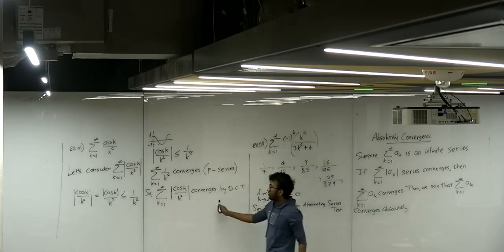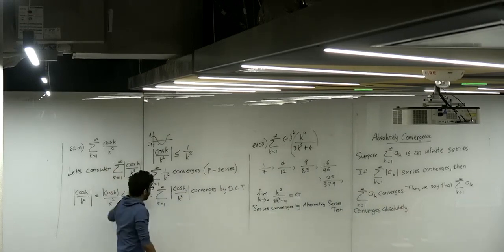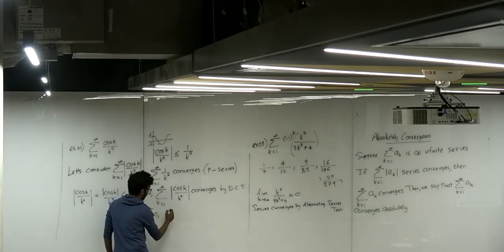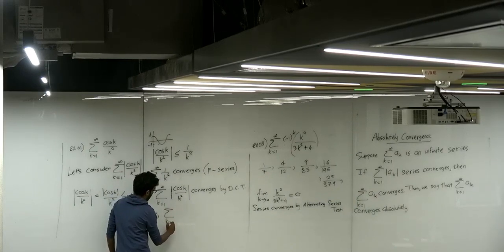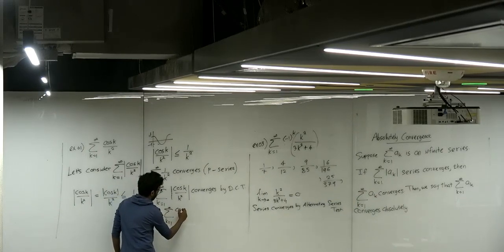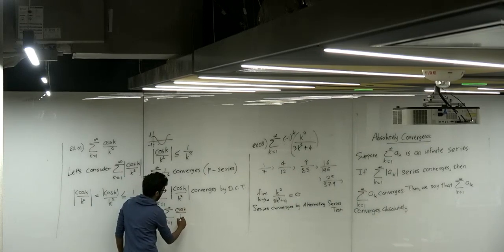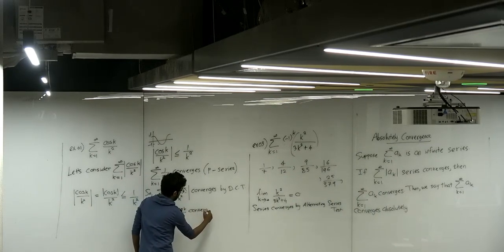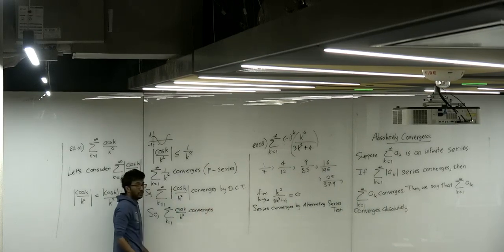So what can you say about the original series now? It converges. So the summation k goes from 1 to infinity of cosine k divided by k to the power 2 converges.